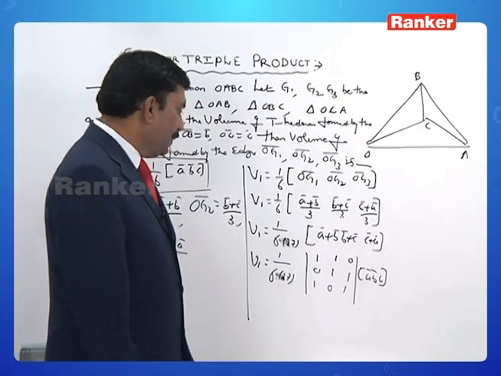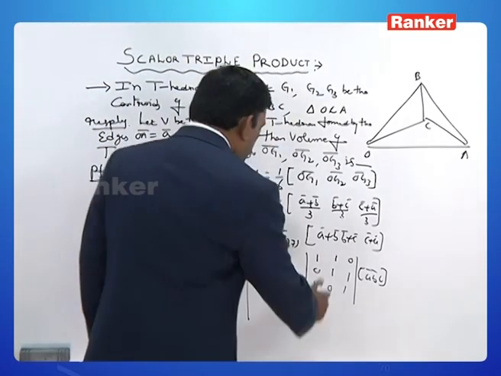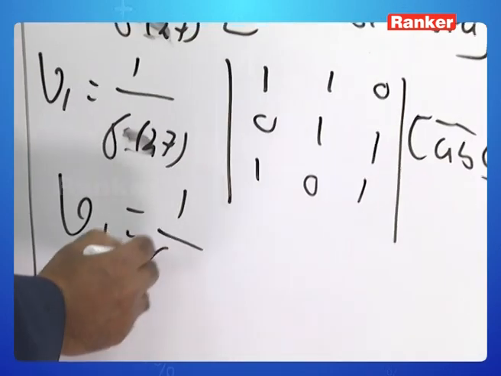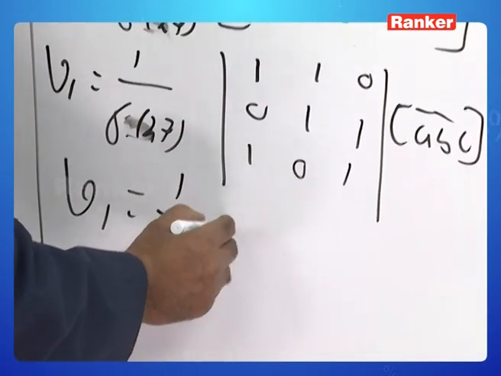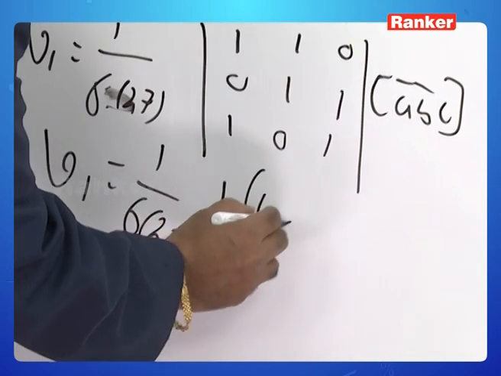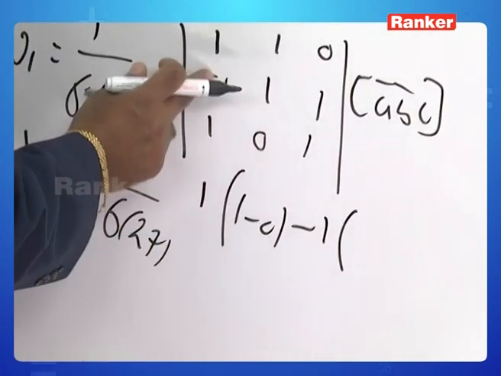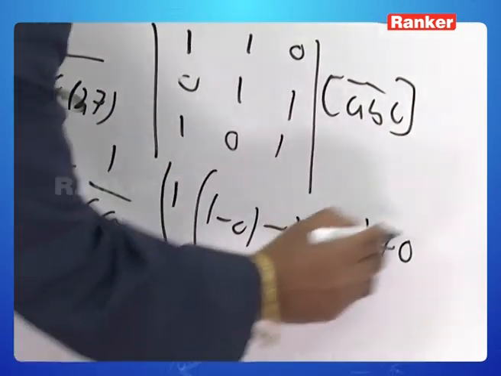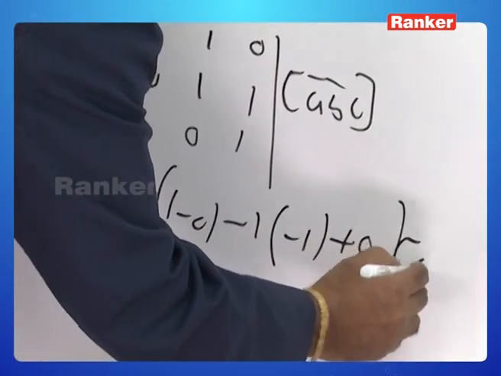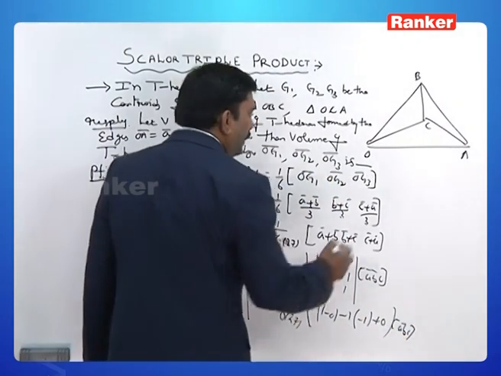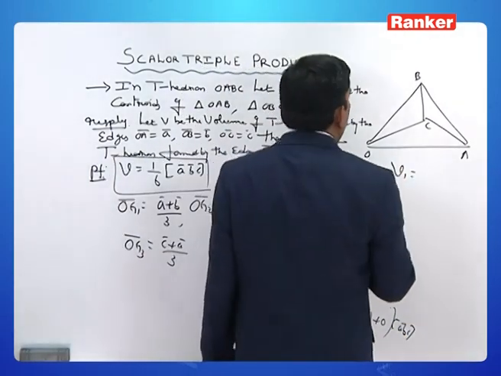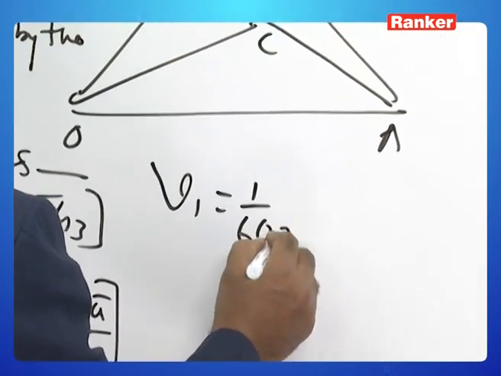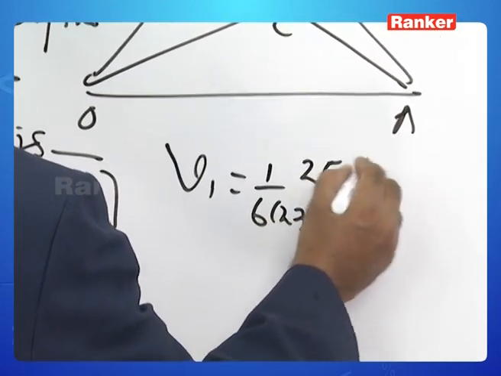Okay. So therefore, now you expand. If you expand, V1 is equal to 1 by 6 into 1 by 27. Now expand: 1 into (1 minus 0) minus 1 into (0 minus 1) plus 0. So therefore, this becomes 2 into box of ABC. So V1 is equal to 1 by 6 into 1 by 27 into 2 into box of ABC.